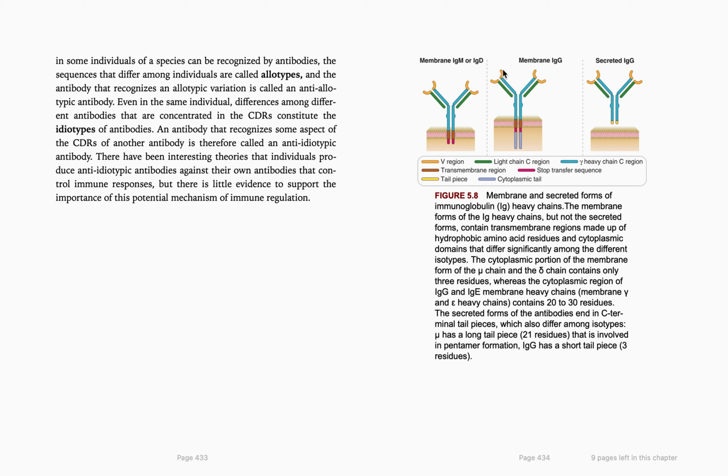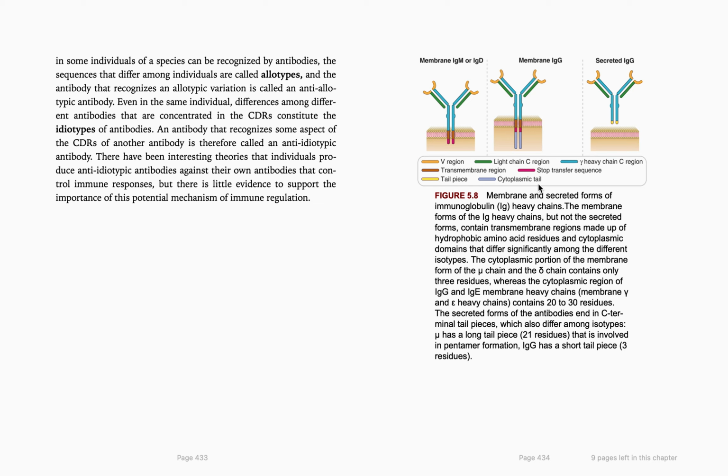So we have the structure here, the membrane IgM and IgD. So you see these ones, the V region, variable region, these are the transmembrane region, these are the tail. And the green ones, these are light chains, light chain C. This color is the stop transfer sequence.